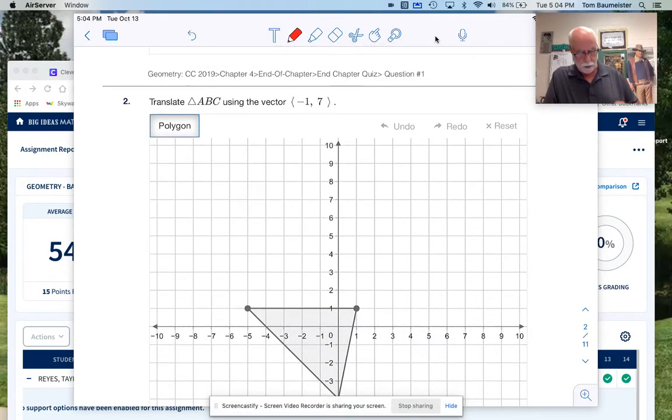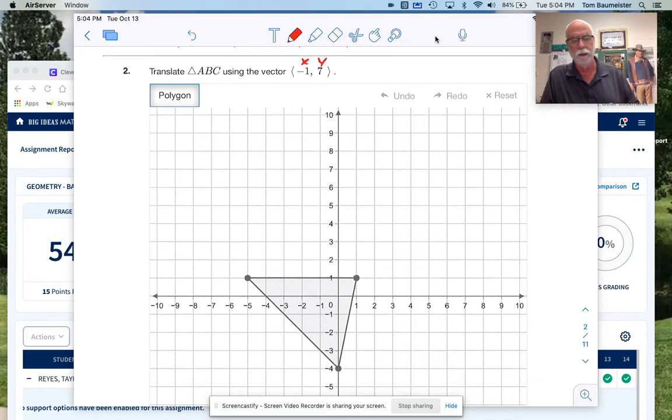On number 2 here, remember a vector shows the direction that it's going to go. So on this one here, when I look at it, we know we're going to take a point and we're going to move it -1 in the x direction, and 7 in the y direction. I'm sorry.